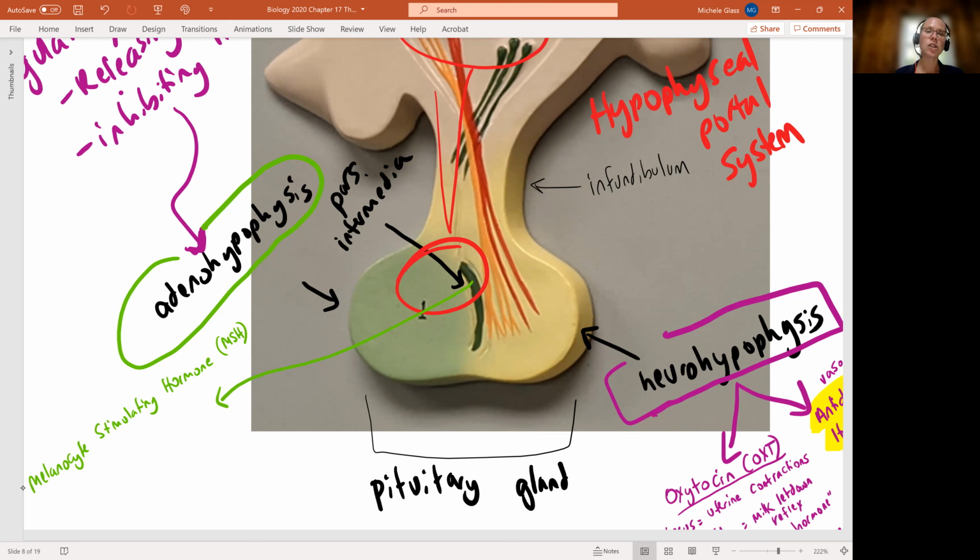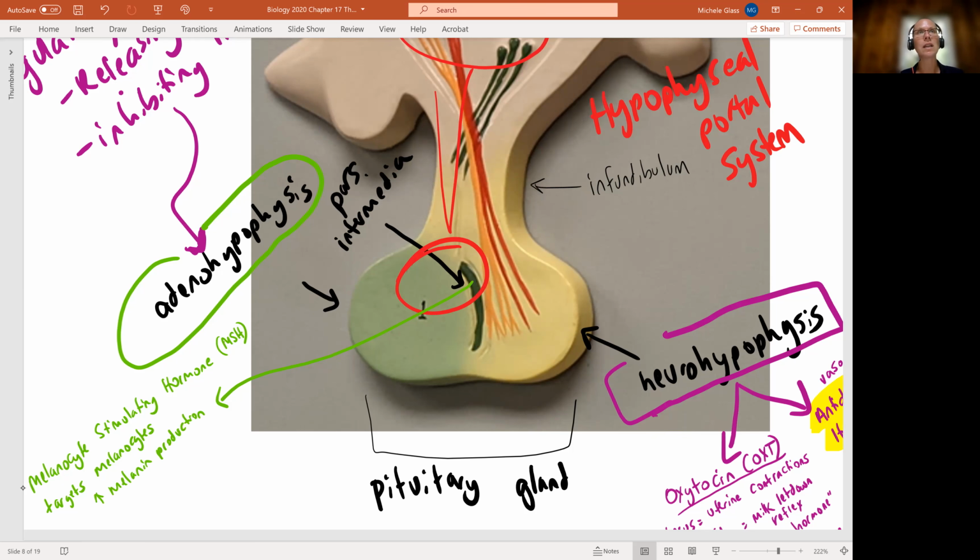And the MSH is going to be targeting melanocytes. And the melanocytes are those special cells, part of your integumentary system, that produce melanin. And what we see is the MSH will actually activate and increase melanin production. It's going to darken the skin.